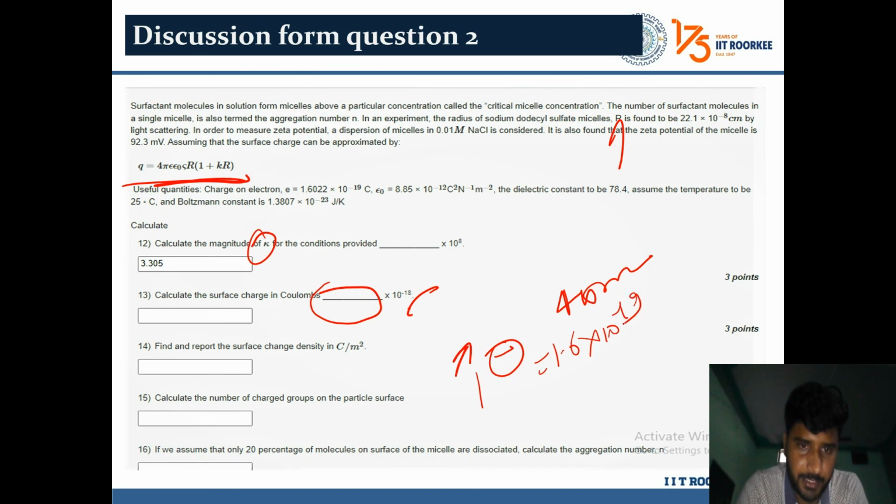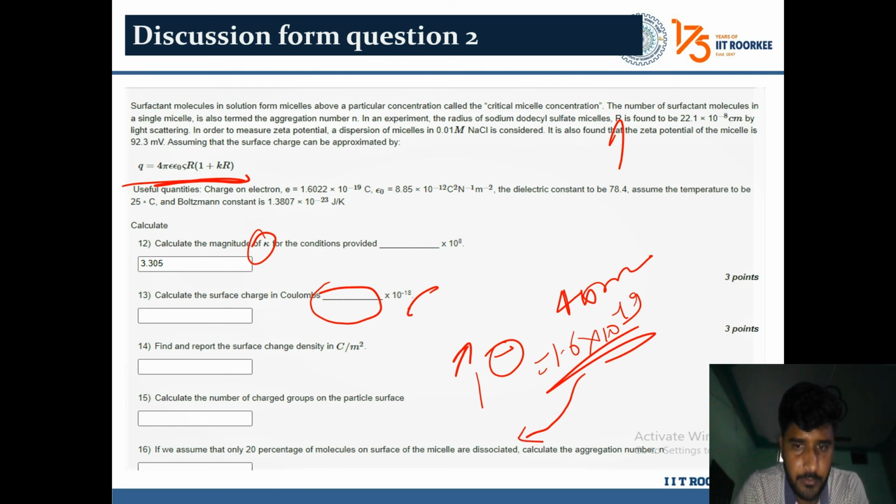If you divide the total charge by this value, you will get the number of charge groups on the particle surface. If you assume that only 20% of the molecules on the surface of the micelle are dissociated, this value you are getting will be equivalent to 20%.